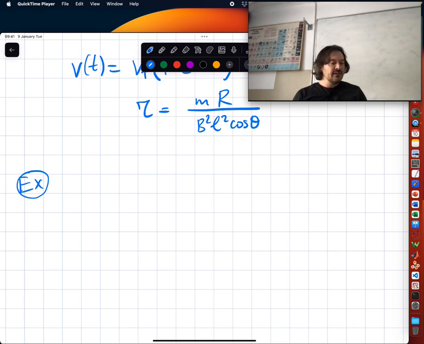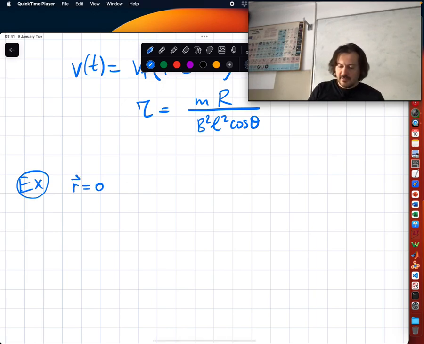The position and the velocity of a particle with positive charge q and mass m at time t equals 0 is given by r equals 0 and v equals v0 k. So r at time 0 is 0 and v at time 0 is v0 k unit vector.